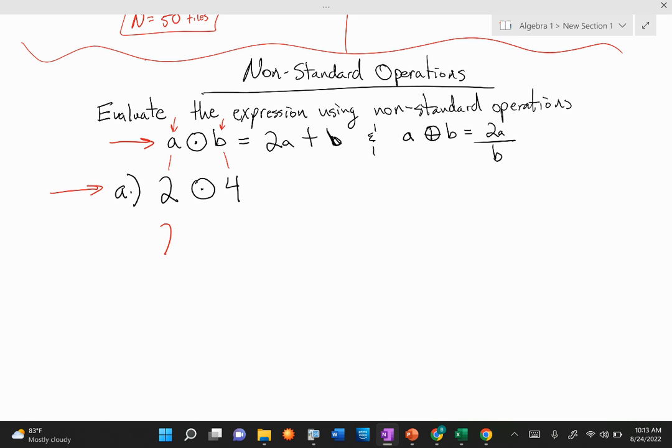This is the expression we're going to use because that's what it tells us. Then we'll just plug in. We'll have 2 in parentheses plus parentheses. What are we plugging in for A? 2. What are we plugging in for B? 4. Now you just simplify. 2 times 2 is 4, plus 4 is 8.